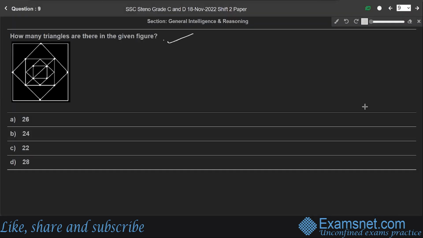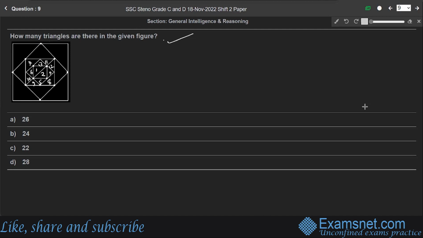Question number 9. How many triangles are there in the given figure? We'll consider individual triangles, the small triangles first: 1, 2, 3, 4, 5, 6. Now 7, 8, 9, 10, 11, 12.